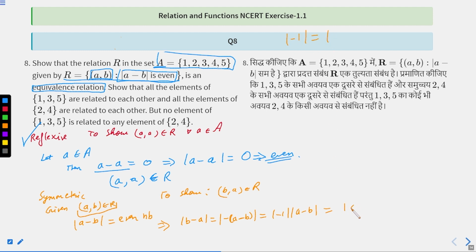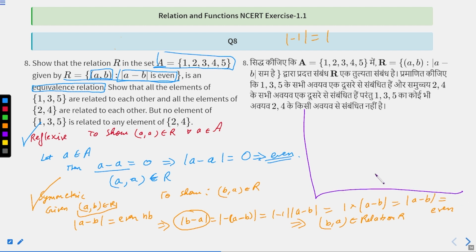So 1 multiplied by the modulus of A minus B, which will be even. From this I showed that the modulus of B minus A is equal to some even number, and from this I can easily say that (B, A) belongs to the relation R. So it is also symmetric.